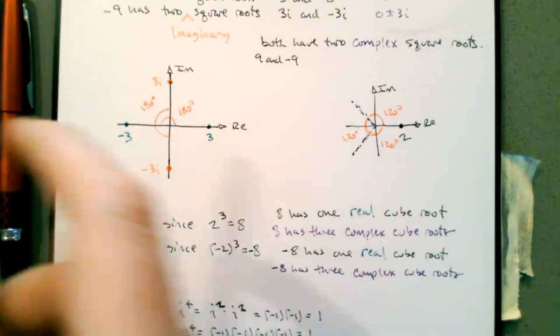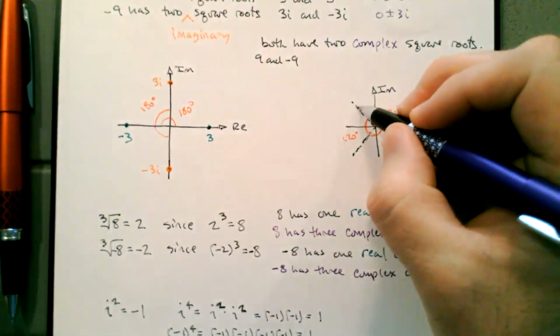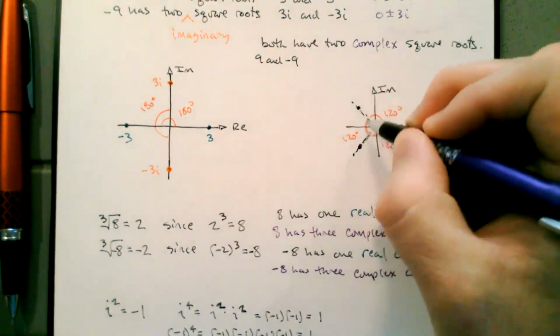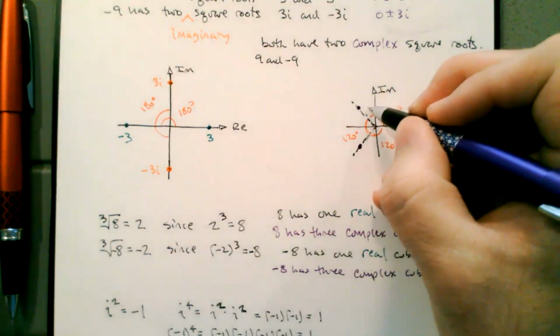And the distance from the origin will be 2. And we can figure out what these angles are going to be.